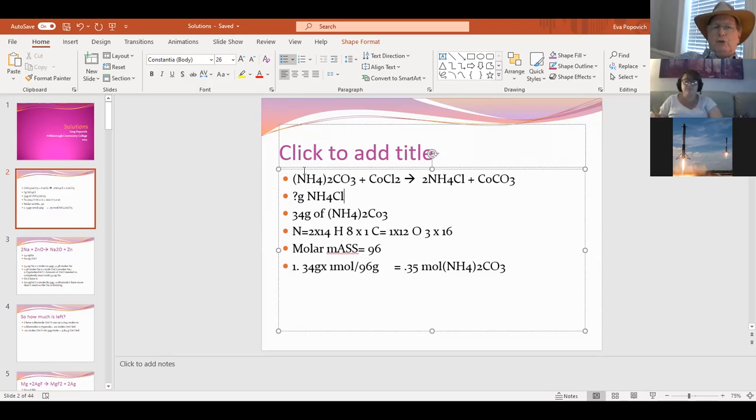Remember how I told you to read a chemical equation? 1 mole of ammonium carbonate reacts with 1 mole of cobalt 2 chloride to make 2 moles of ammonium chloride plus 1 mole of cobalt 2 carbonate. Okay, Chase? So what is the relationship between ammonium chloride and ammonium carbonate?